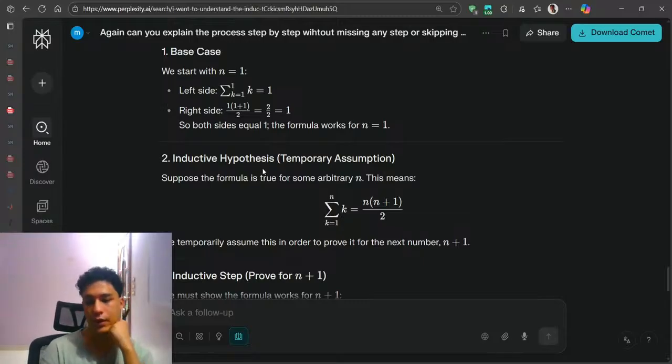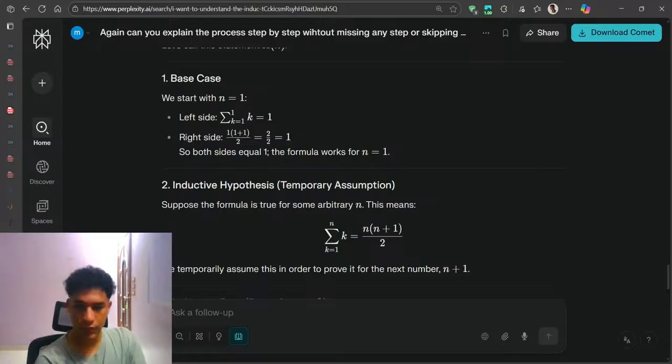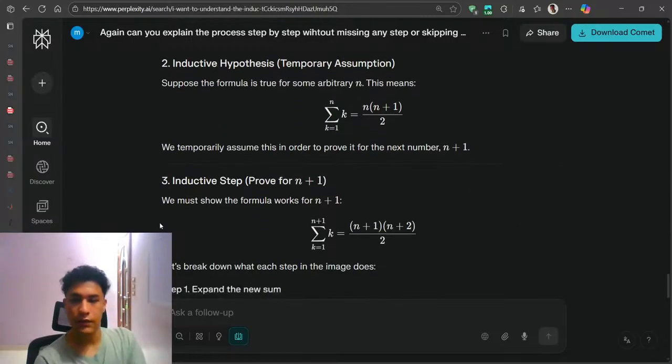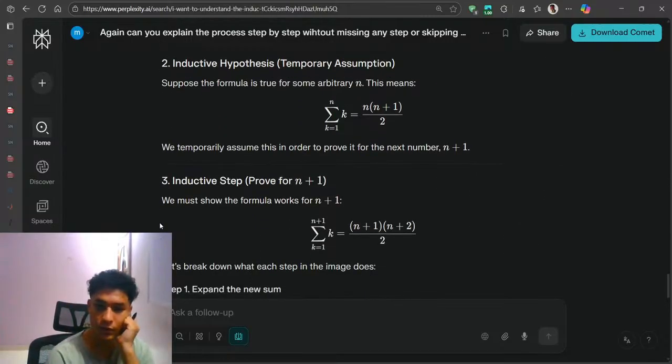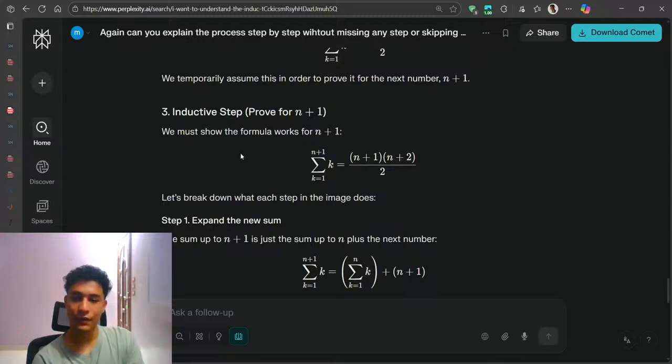Temporary assumption: suppose that the formula is true for some arbitrary n. This means that, yeah, we already proved that. Inductive step. Proof for n plus 1. We must show the formula works for n plus 1. How did you get this?